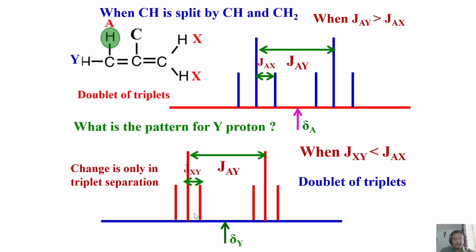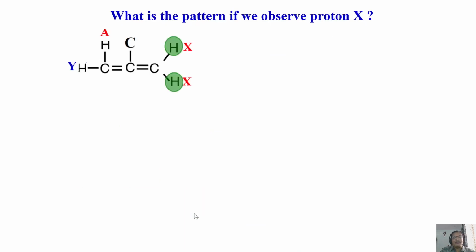Now we'll go further. What happens if we observe proton X? See, we are now looking at proton X. Proton X is coupling with proton A and proton Y. Now we assume the condition that the A and X coupling is larger than XY.